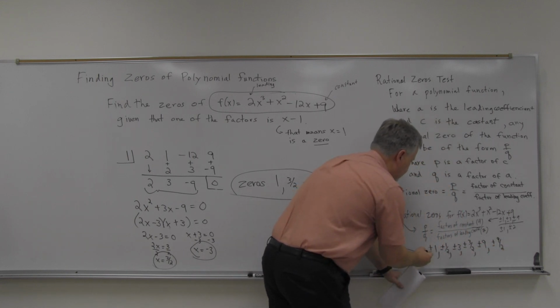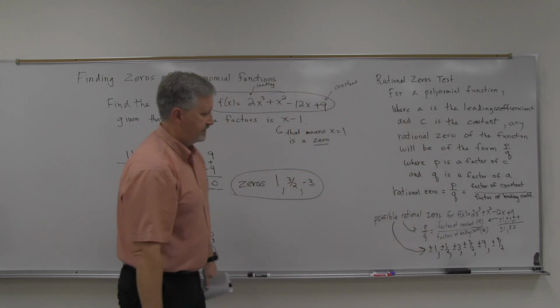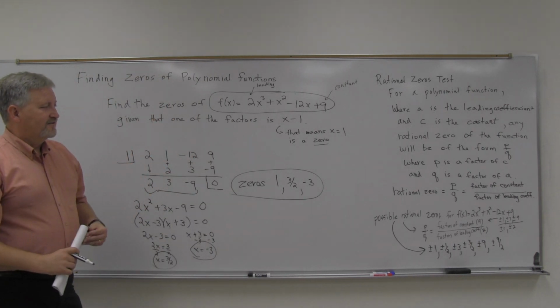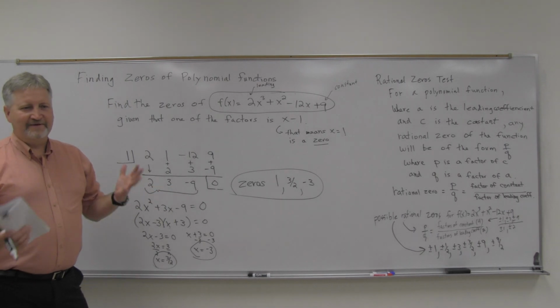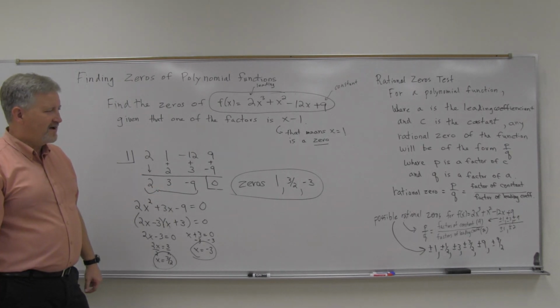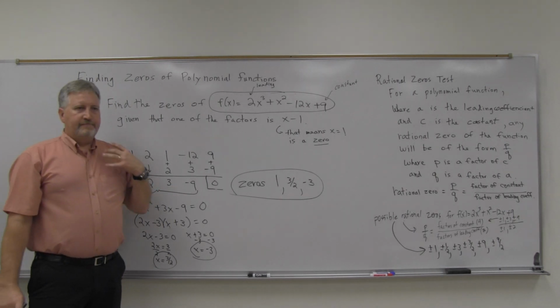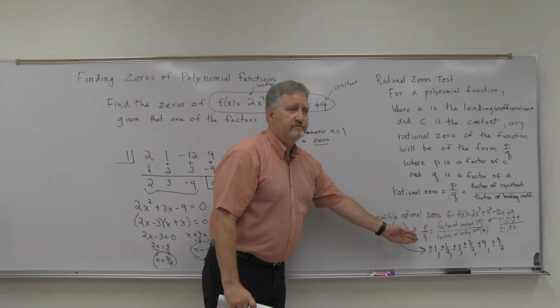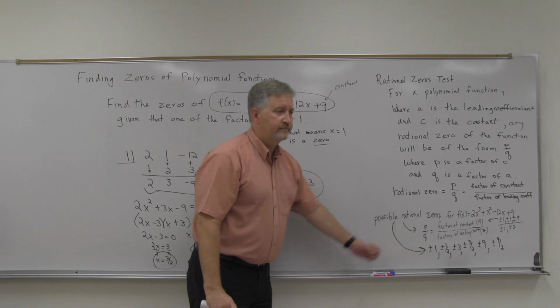So that's the possible rational zeros here. Those lists can get long depending upon your numbers, but they just want you to see that these are the possible rational zeros that we've got.